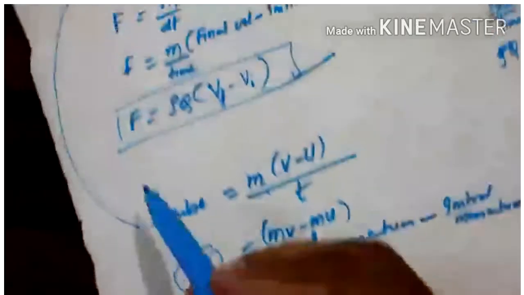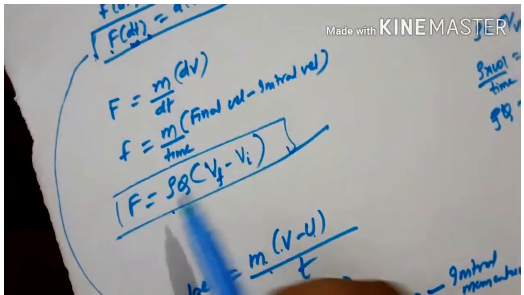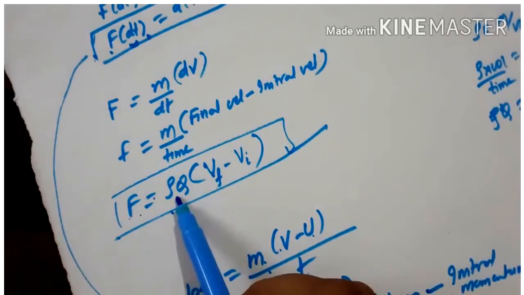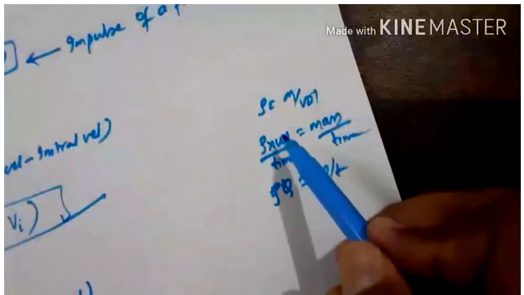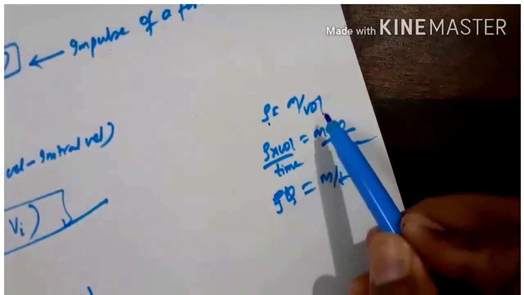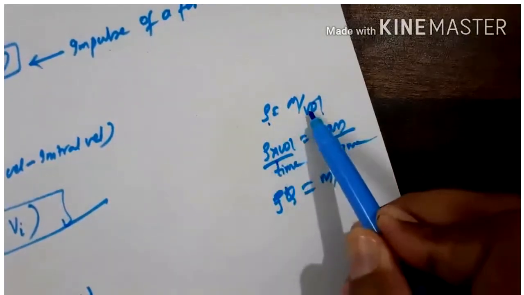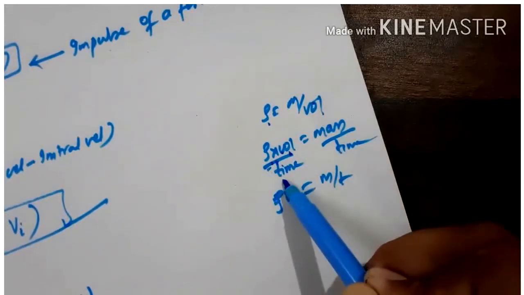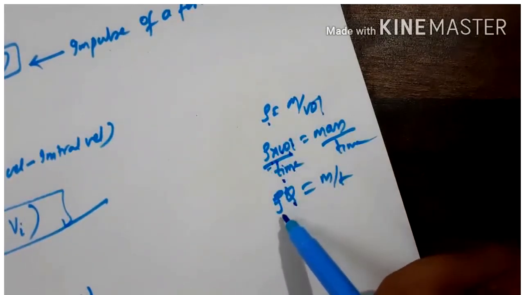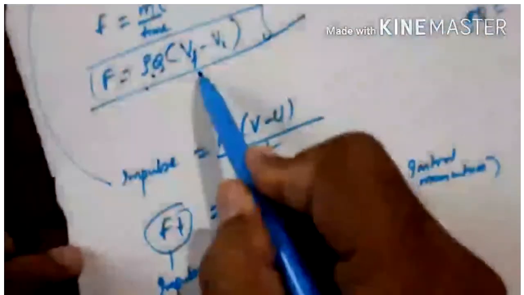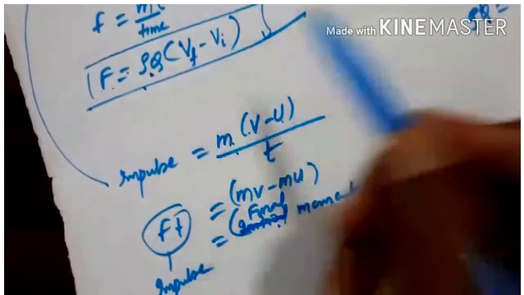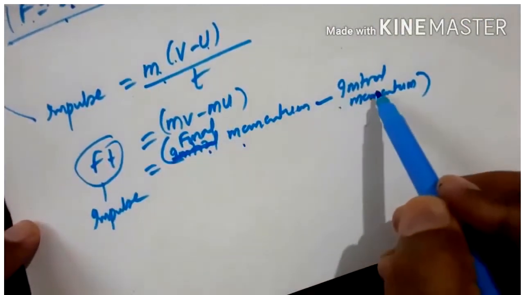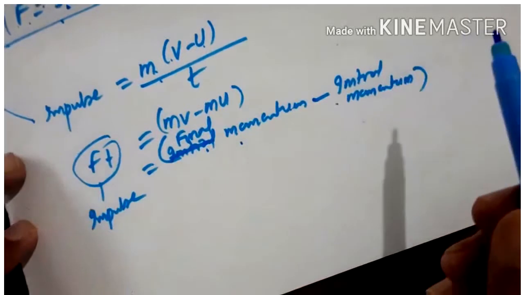Or else this equation is also right. F equal to rho into Q, mass per second, that is density equal to mass by volume; then take volume to this side, density into volume divided by time, and volume by time is nothing but Q. So rho into Q equals mass by time, into final velocity minus initial velocity. Or else you can write impulse equal to final momentum minus initial momentum.